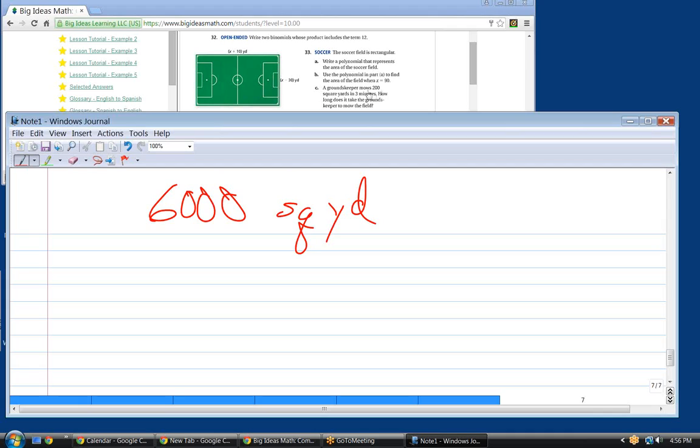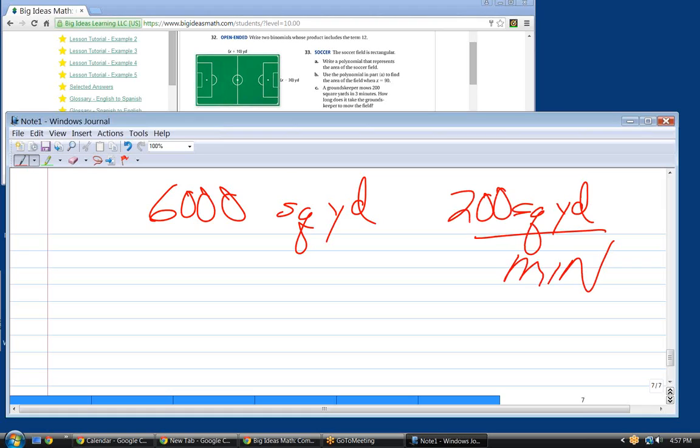I want to teach you this. This is a little complicated. Let's say he could mow 200 square yards per minute. So the question is, do I multiply this or do I divide it? Well, if it's 200 square yards per minute, and we want our answer to be in minutes, the conversion factor needs to be reversed.